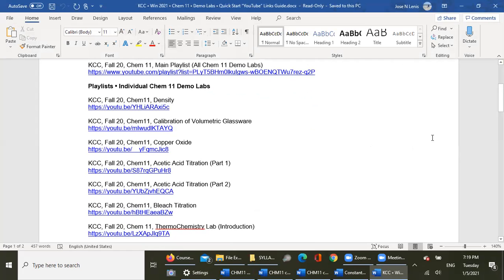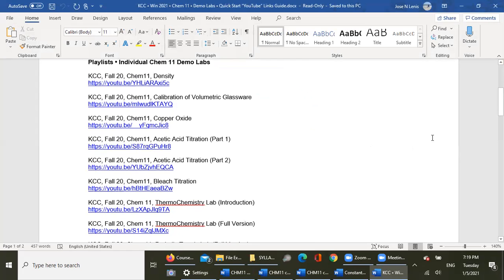The second is calibration of volumetric glassware. The lab manual for experiment number 1, you find it on the Kingsborough website. All right, so write it down. Make a note: density, website.